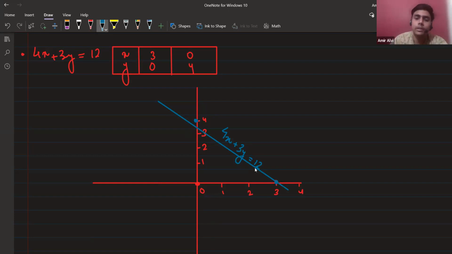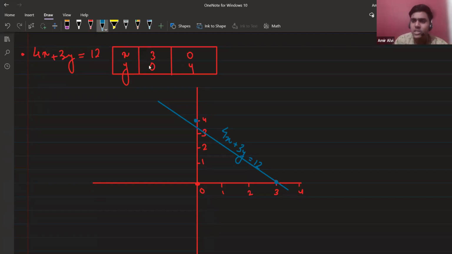Any doubt, Simrat? No. Sure? Isn't it easy? If the points are given, will you be able to draw that line on the graph? In this example, we calculated the points. In the question, maybe the points are given themselves.